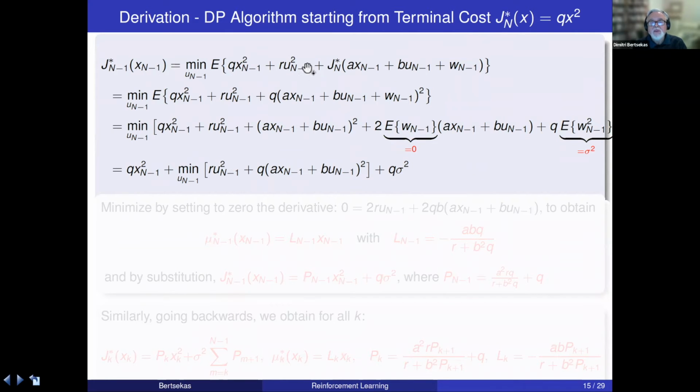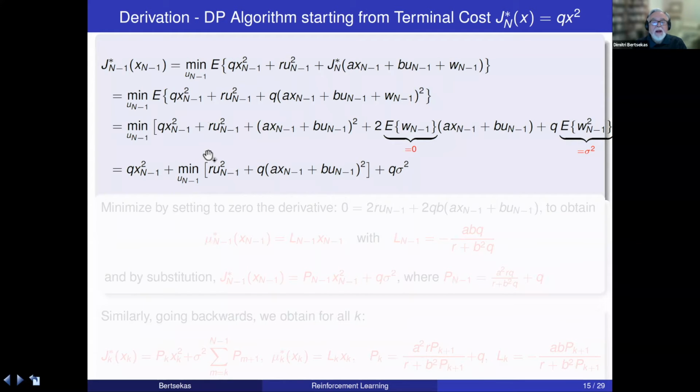Here's the first stage cost, and here's the remaining cost starting from the next state, which is this one. And we have to do this calculation. We first plug in q x_n squared in place of this. We plug this in here.